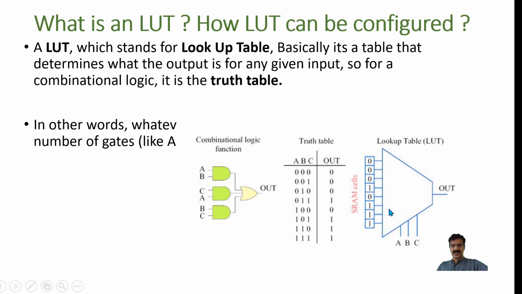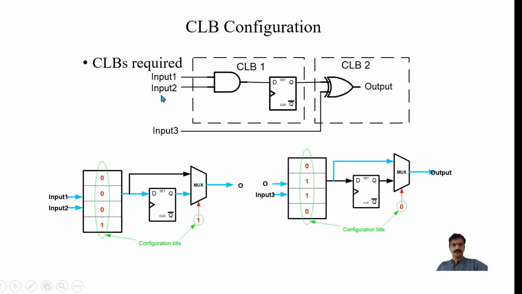If we give A, B, C as the select inputs of the mux, and connect all of the inputs of the mux to SRAM cells, you can store all the outputs in the SRAM cells. If ABC is 0, 0, 0, the zeroth line will be selected to the output, so 0 will come from here. And if it is 1, 1, 1, the output should be 1, so I will store a 1 in the 7th line, or 8th line, of the mux. That's very simple. So this is what a lookup table is used for in FPGA.